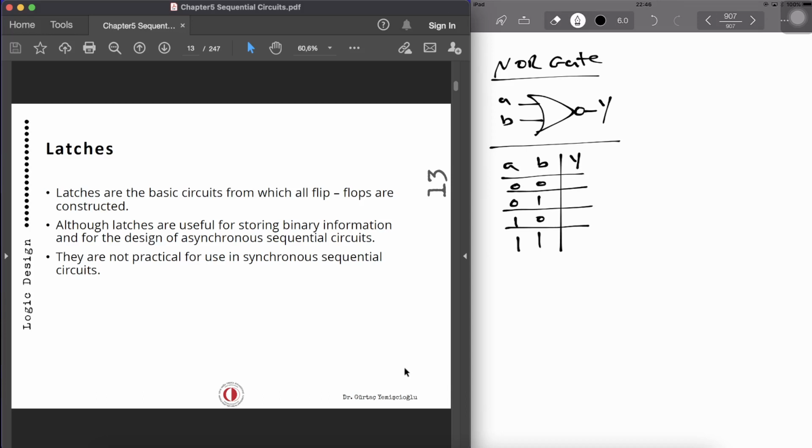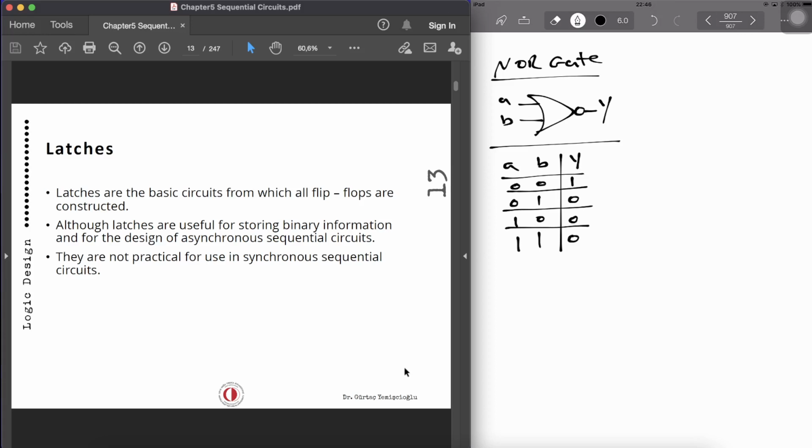It's the inverse of OR. OR is when either one of the inputs is on, the output is on. In NOR, it's the other way around: when both inputs are off, the output will be on, and the rest will be zeros. So this is a typical NOR gate implementation.